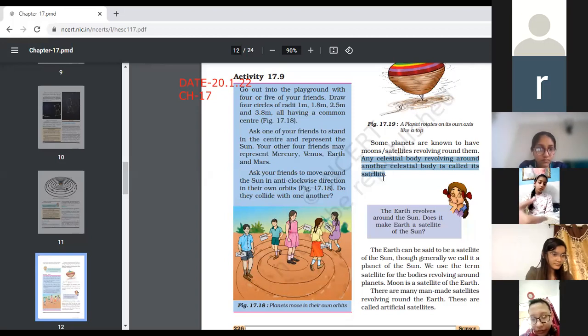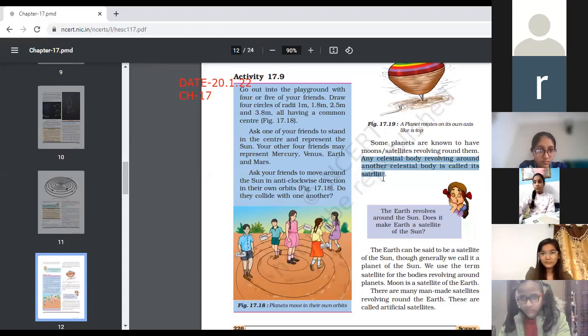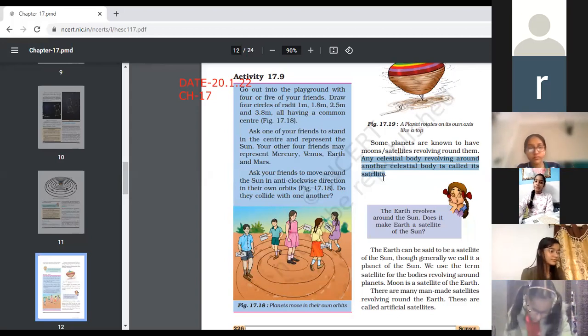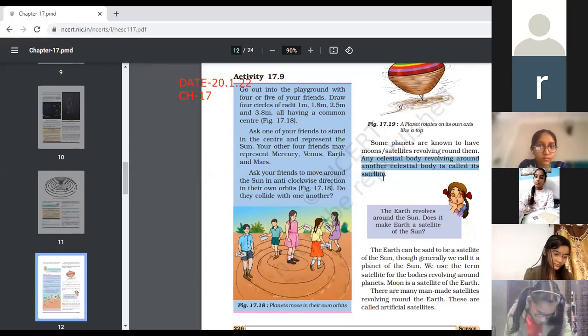Just read it carefully again. Any celestial body revolving around another celestial body is known as a satellite. But if any celestial body is moving around the planet, that is generally known as a satellite, and the sun is not a planet. The sun is a star.